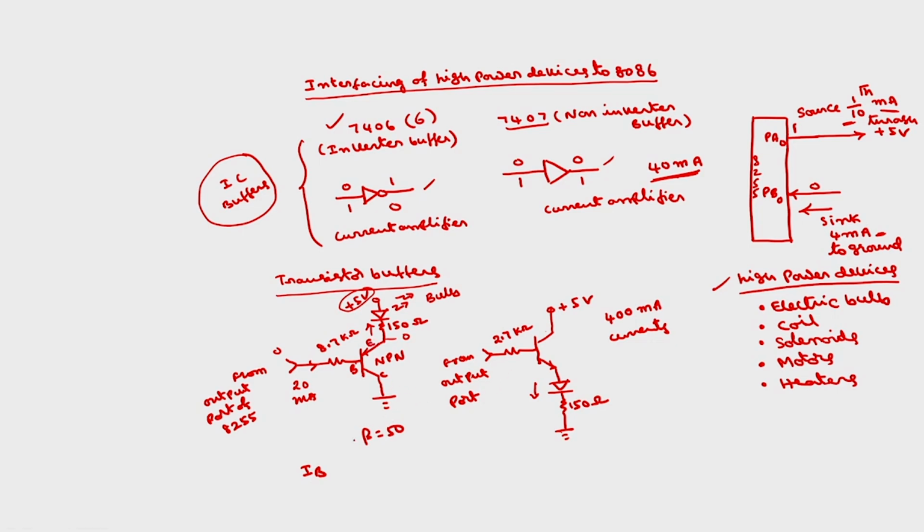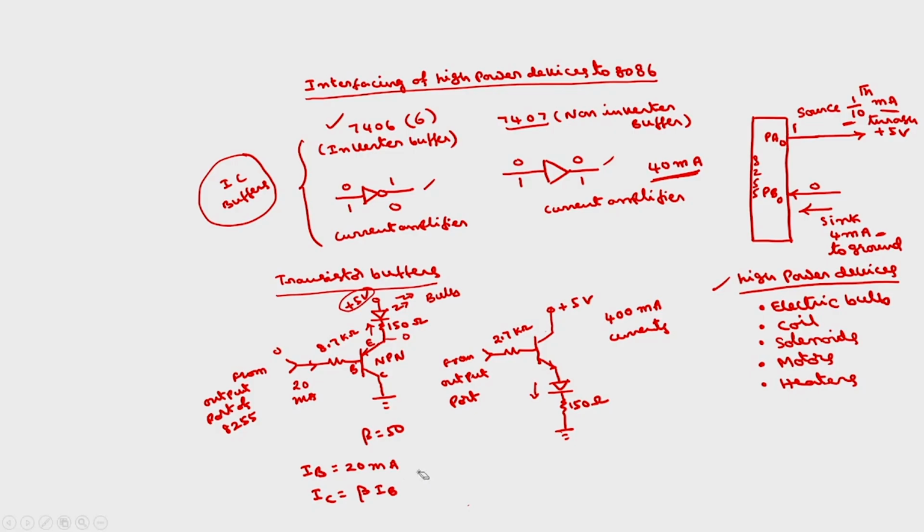So if I take this base current as 20 milliamps, we know that collector current will be equal to beta times IB. So what is IB? IB will be IC by beta, which is 20 milliamps by 50, which comes around 0.4 milliamps.